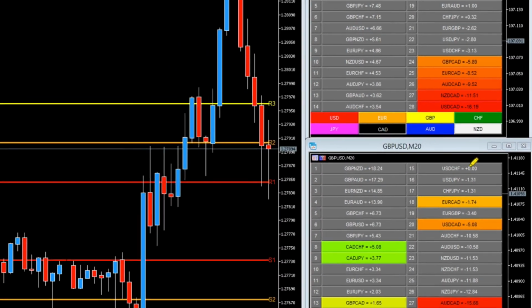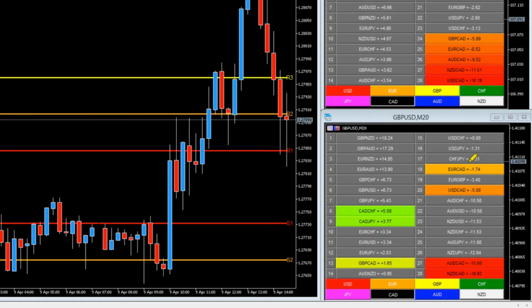Now, if we move down to the 20-minute time horizon, it's not such a clear picture, but that's only because, as you would expect across a slower time frame, for this to develop will take a longer period.